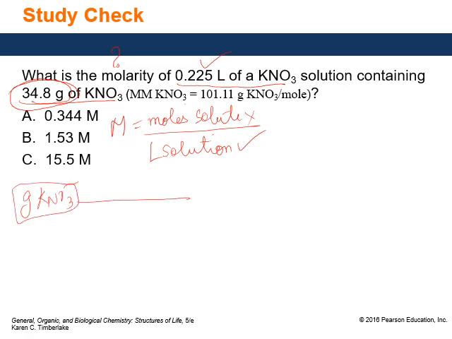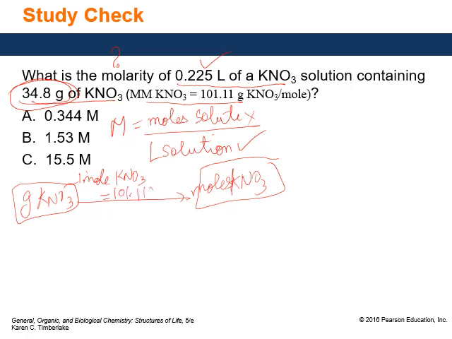I need to somehow figure out moles of KNO3. And the conversion factor here is going to be again molar mass. So I know that 1 mole of KNO3 will be equal to these many grams, which is 101.11 grams of KNO3.